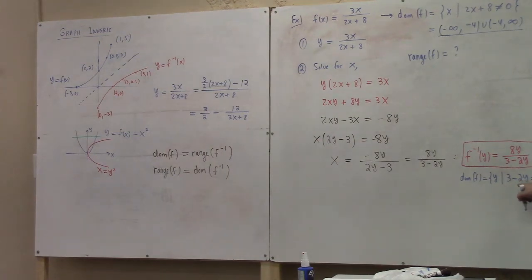And you guys can all tell me that that means y is what? If we set that equal to 0, we get 3 equals 2y, y equals 3 halves, right? So this is just minus infinity to 3 halves excluded.